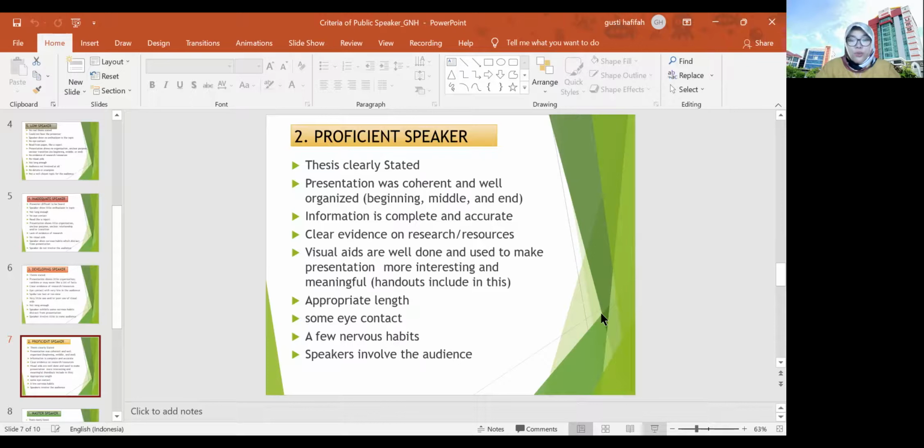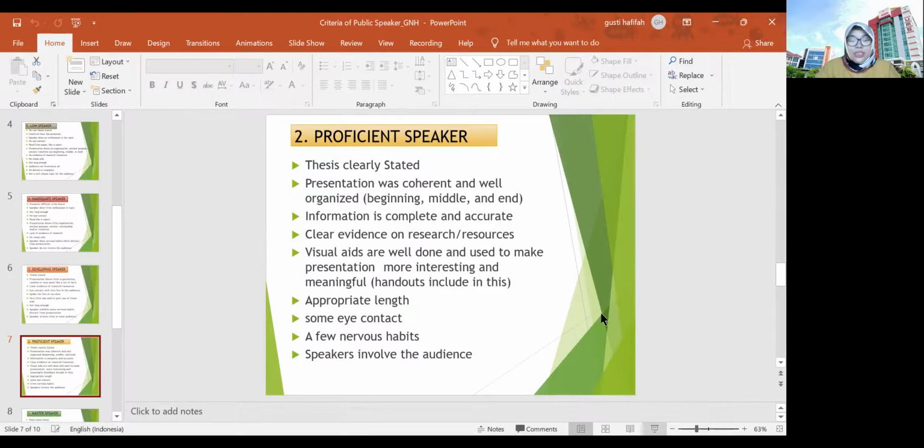So it runs smoothly and is well organized. It can be understood very well by the audience. Information is complete and accurate, meaning you have examples supported by facts, clear evidence on research and resources.